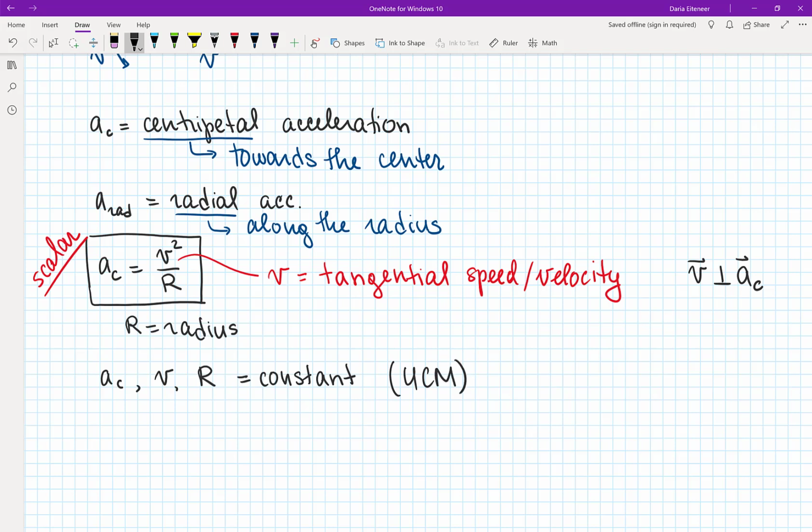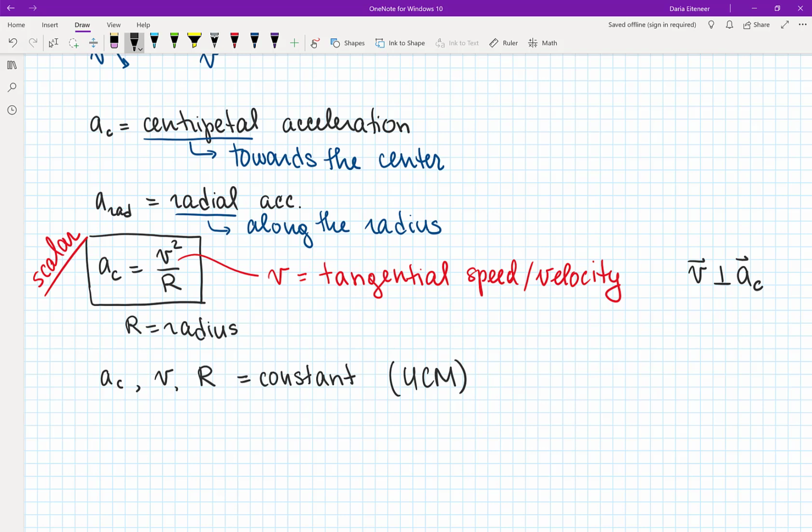So we're not really doing much of anything else with this idea as of right now, but keep this in mind as we move on to talk about forces. So we'll talk about reasons for this motion, and then from there we're going to continue that discussion into discussion of more detailed circular motion, and then this will come into play again.